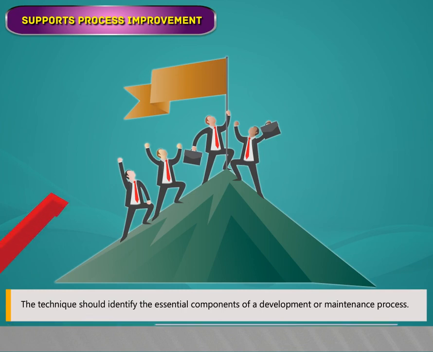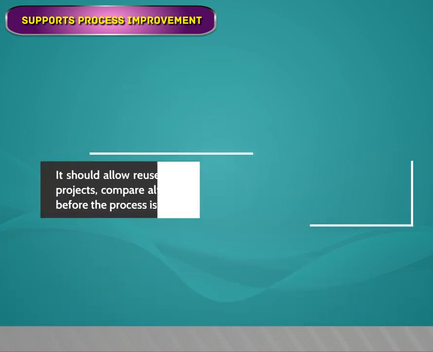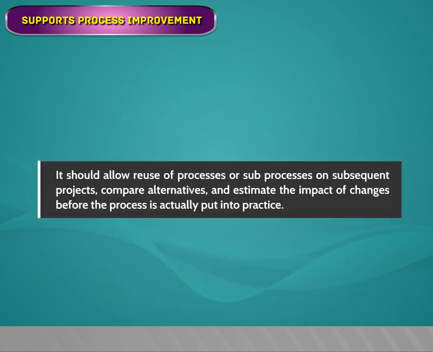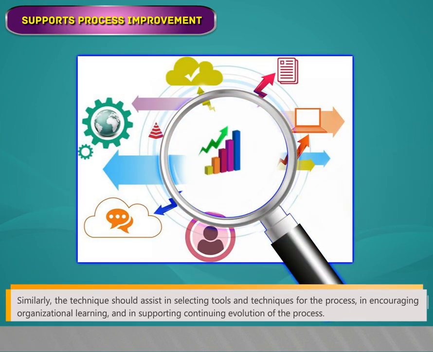The technique should identify the essential components of a development or maintenance process. It should allow reuse of processes or sub-processes on subsequent projects, compare alternatives, and estimate the impact of changes before the process is actually put into practice.